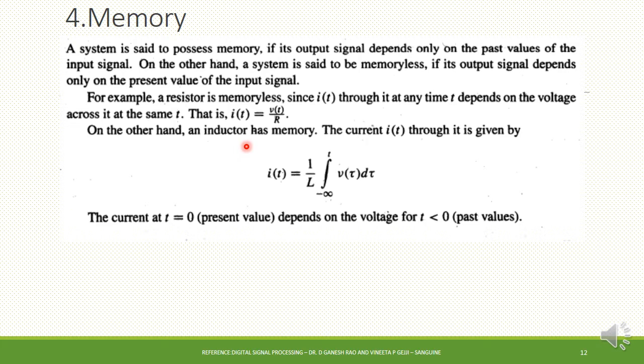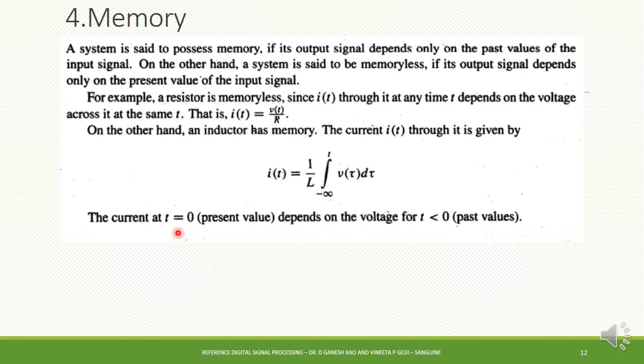The resistor is called a memoryless device, whereas the inductor is a memory device. We say that it has memory. The current i(t) is given by 1 by L times the integral from minus infinity to t of v(tau) d tau.